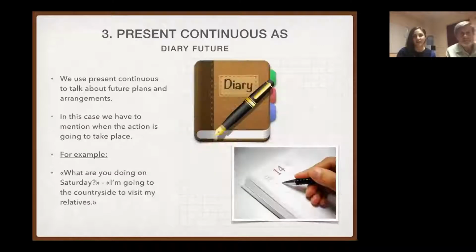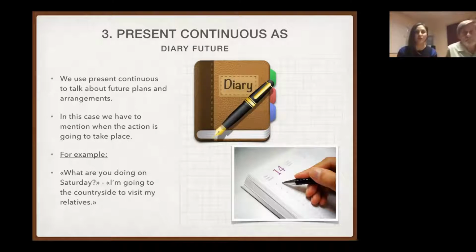Okay. So one more meaning in which we can use present continuous is to talk about our future arrangements, about our near future. For example, you all know what a diary is. If not, you can see a picture. That is a notepad where we write our plans.